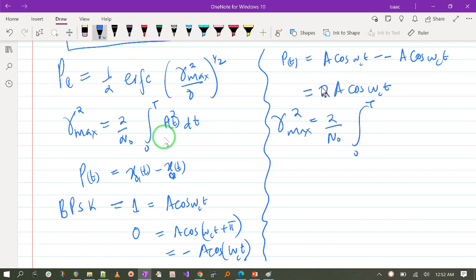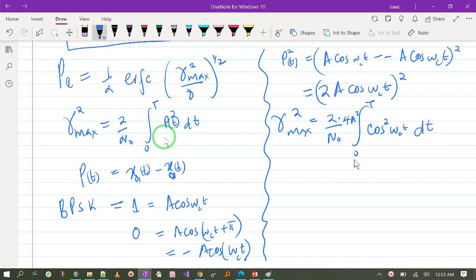So this squared will simply be the square of the constant, giving 4A squared, because these are constants, times cos squared(omega c t) with respect to time.